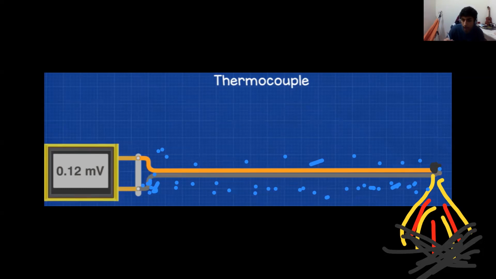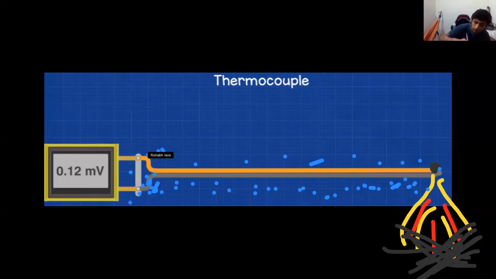When you're applying heat on one side, electrons are going to move to the cooler side, right? Through one material, electrons will flow faster, and through the other material, electrons will flow slower. That's exactly right. So now there are more electrons on one side and fewer on the other side.